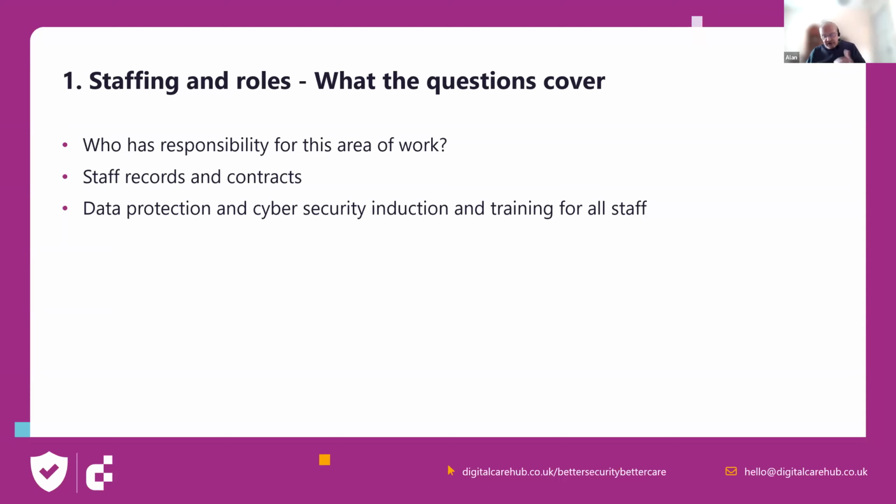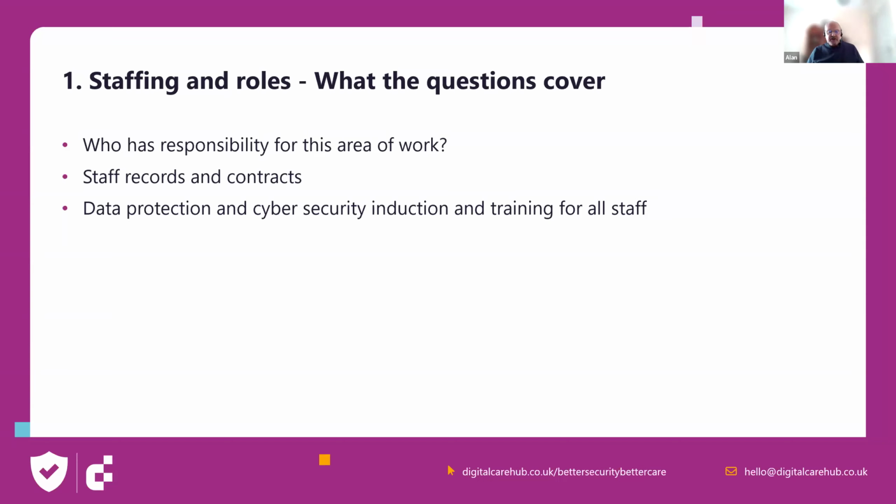So it does require that you carry out a training needs analysis covering staff and finding the right training materials and providers for your needs. So just a reminder that all staff need some training. The level of that training depends and should relate to the role that they fulfill within the organisation. And for approaching standards, data protection and cyber security training must form part of their induction programme.